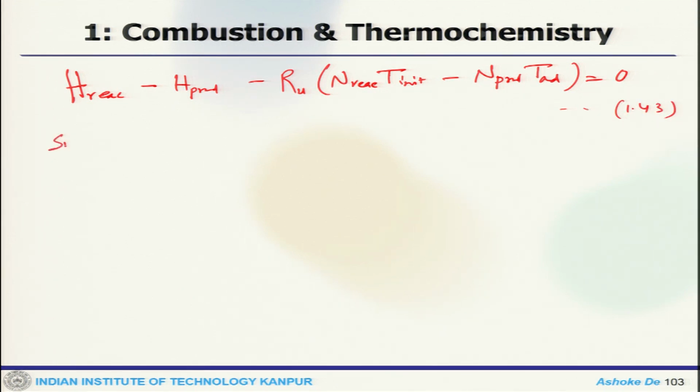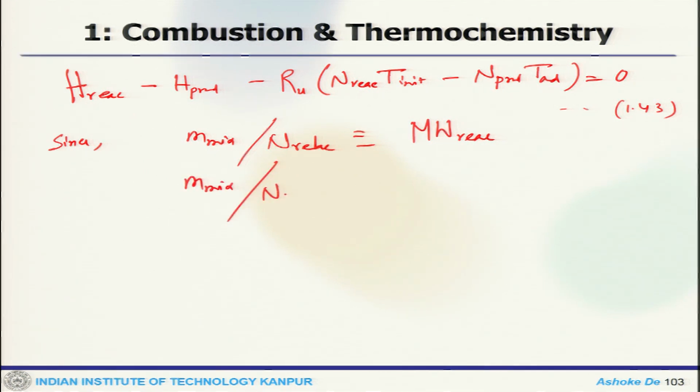Now, we have M mixture divided by N reactant, which is the molecular weight of the reactant, and M mixture divided by N product would be the molecular weight of the product.